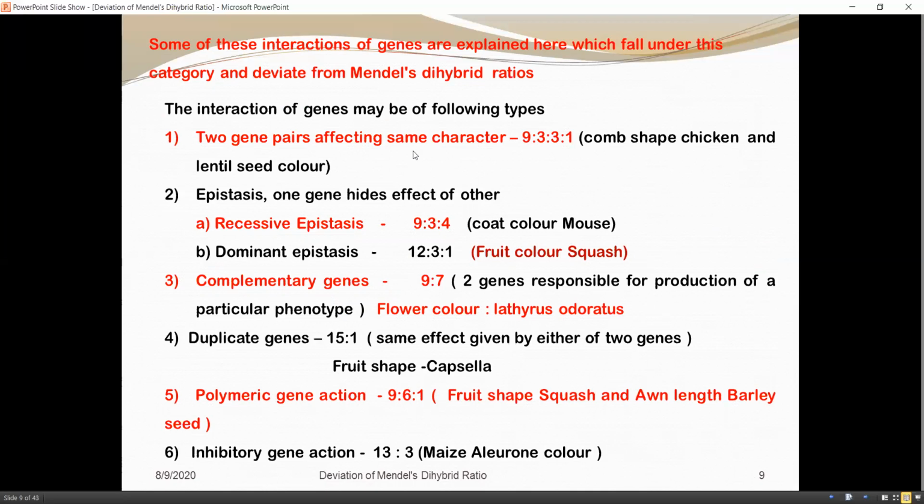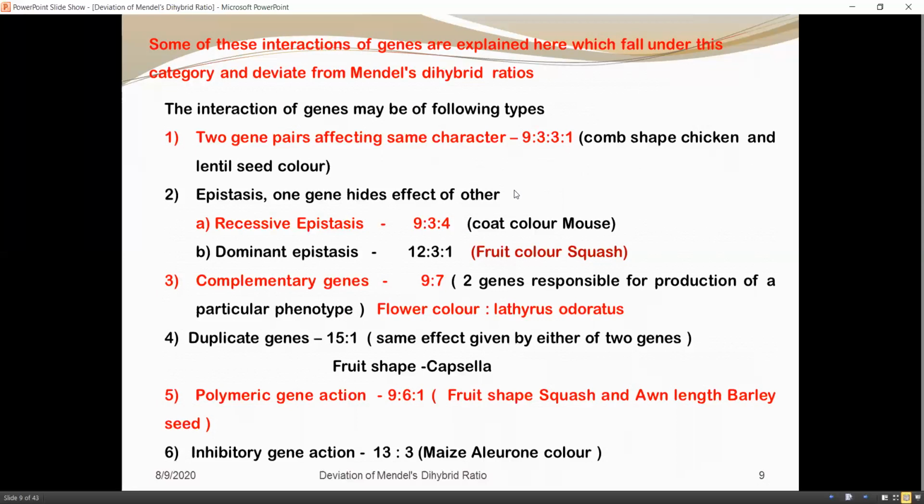First type is two gene pairs affecting the same character, one trait. Mind it, giving the ratio 9:3:3:1. Example is comb shape in chicken and lentil seed colors. Epistasis: one gene hides the effect of the other.